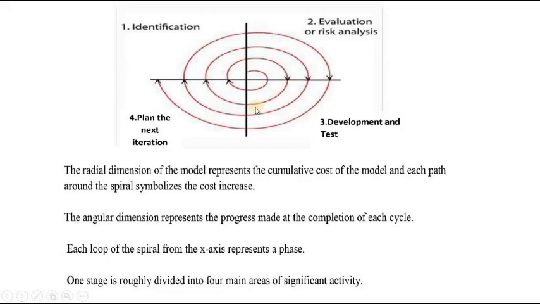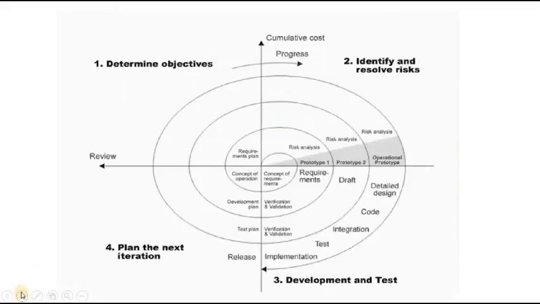The angular dimension represents progress made at the completion of each cycle. Each loop of the spiral represents a phase. One stage is roughly divided into 4 main areas of significant activities. Those are the 4 main areas.